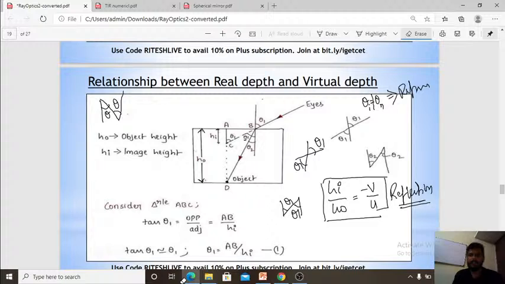Okay, my dear Abhinav, let me explain it again. This is refraction. You need to find the relationship between real depth and virtual depth, right? Real depth is where the object is actually placed. Virtual depth is, if you place a coin inside the glass, it will look very near to your eye from the outside world. That is virtual depth.